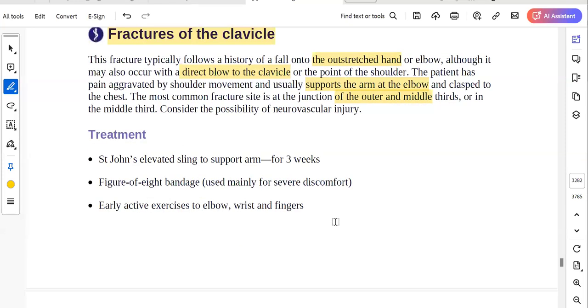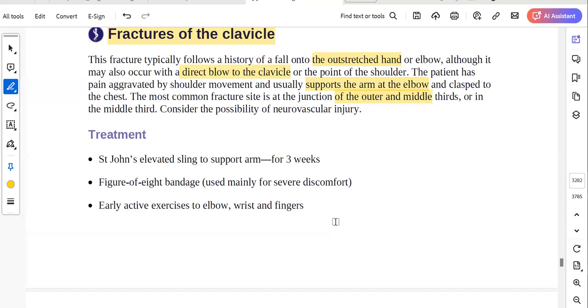Okay. With a clavicular fracture, you need to rule out any neurovascular injury. So what's the nerve which is at risk? The C5 nerve or axillary nerve can get injured, so the patient can have difficulty with shoulder abduction. And what artery can get injured? The axillary artery can get injured.